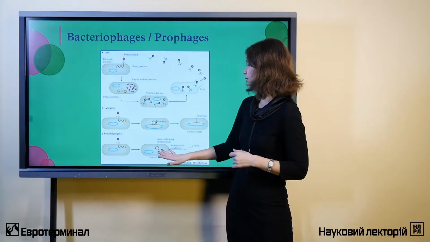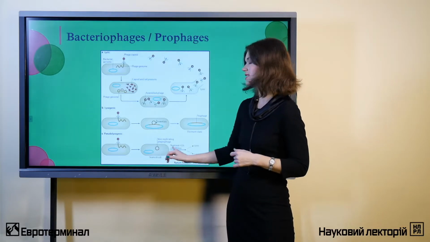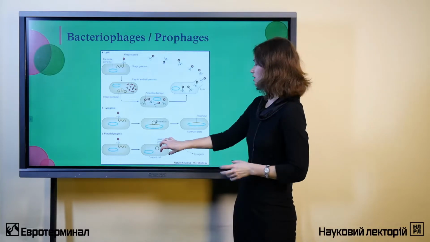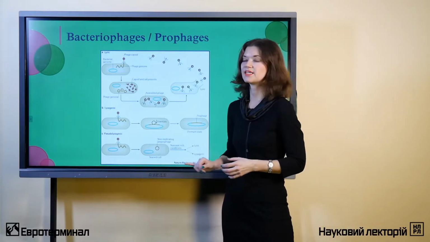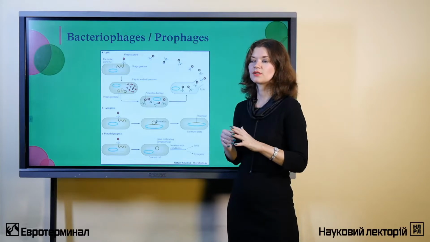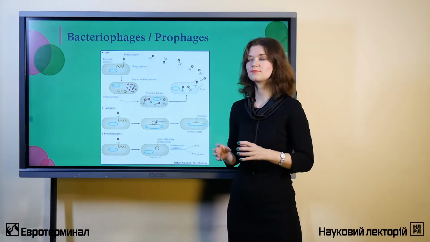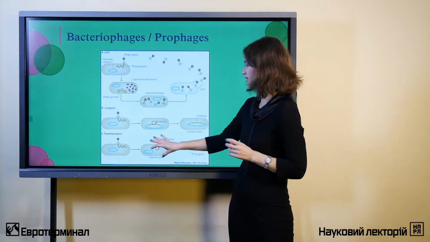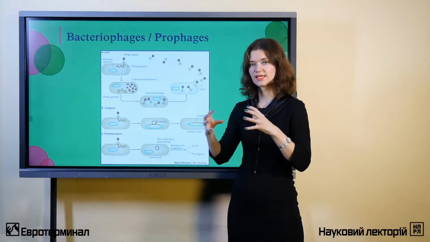But one more thing about this interesting system: when this phage enters the cell and stays like a plasmid, it turns on a toxin-antitoxin system that helps the phage to maintain itself in the cell line.